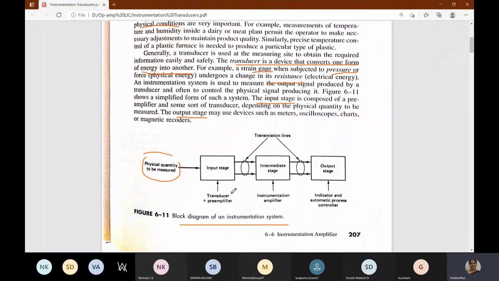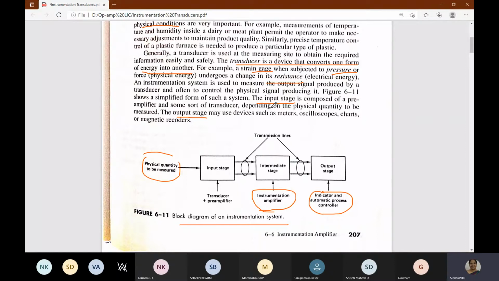The input stage has a transducer and a preamplifier, meaning before amplification the amplification is not done. The transducer converts one form of energy to the other. In the intermediate stage, we have the instrumentation amplifier to amplify the signal. After amplification, whatever voltage or current we get has to be displayed, so an indicator or an automatic process controller will be used here.